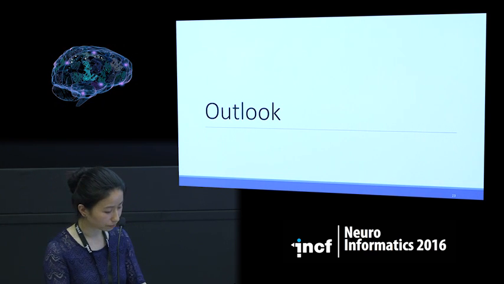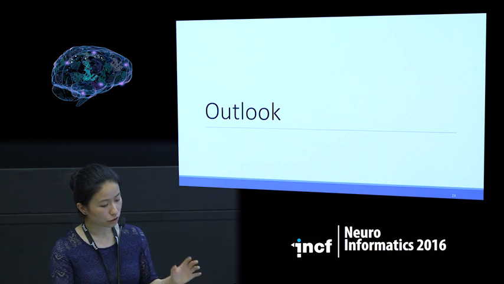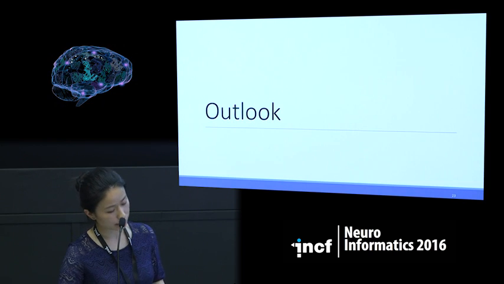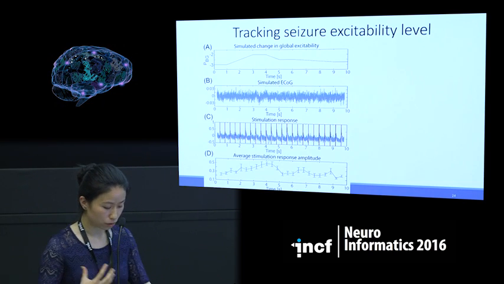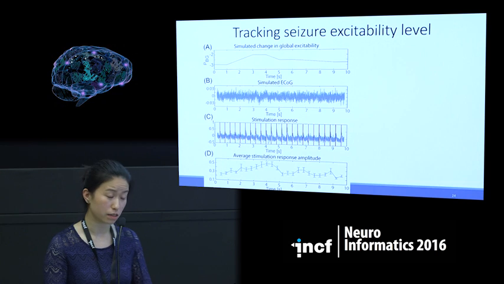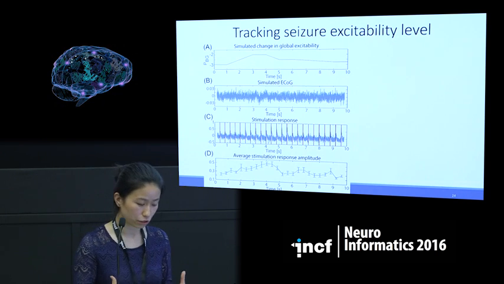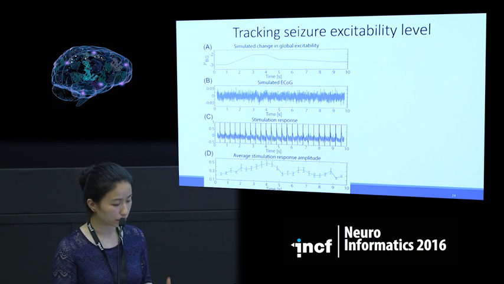So there are essentially 2 things that I would like to propose in that context, and one of them is to actually test and track these excitability level changes in the surrounding tissue or in general in the cortex.